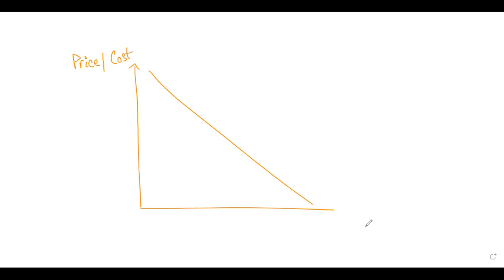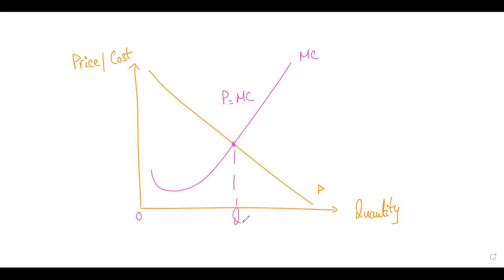This downward sloping demand curve shows you the price, and this J-shaped graph is showing you the marginal cost. So allocative efficiency exists where price is equal to marginal cost. When you're moving from output level 0 to output level, let's say QA, your allocative efficiency is increasing.